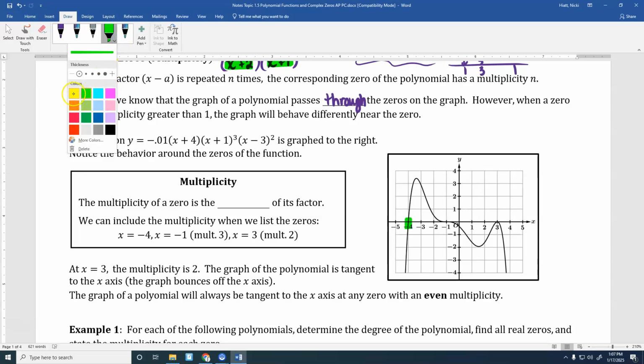We have another one over here at -1, and we have a third one over here at 3. All right, so those are our zeros for this function. What do you notice about the zeros and the equation for the function?